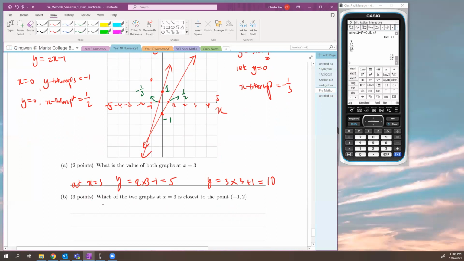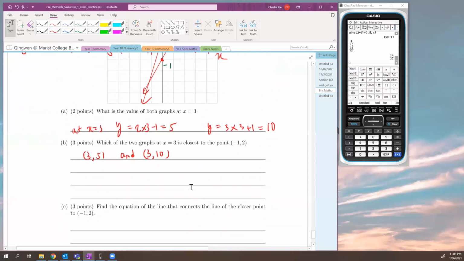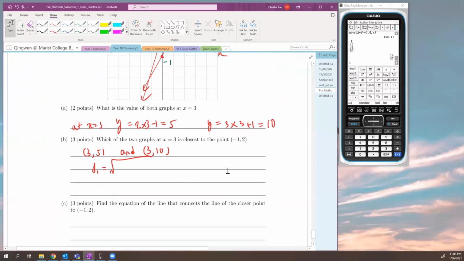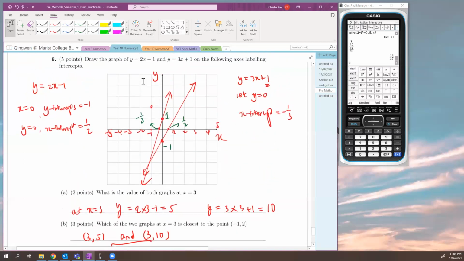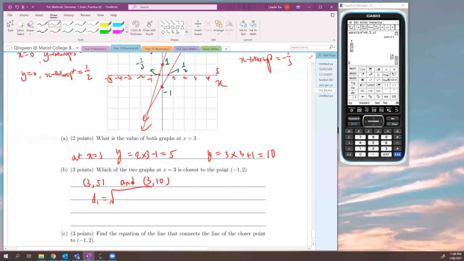So from part A, we know the 2 points are 3, 5 and 3, 10. Okay. So let's find the first distance. Distance 1 is equal to square root of... looking at the distance to the point -1, 2, which is here.